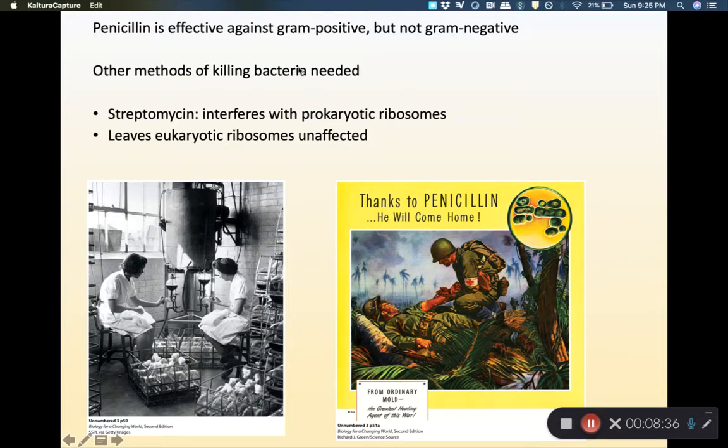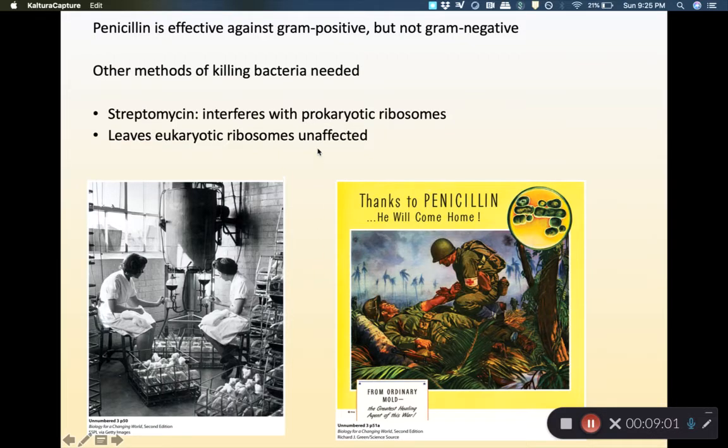Like I said, penicillin is effective against gram-positive bacteria, but not against gram-negative. While penicillin was a huge boon to society, as we see in these war posters, "Thanks to penicillin, he will come home," other methods of killing bacteria are still needed.